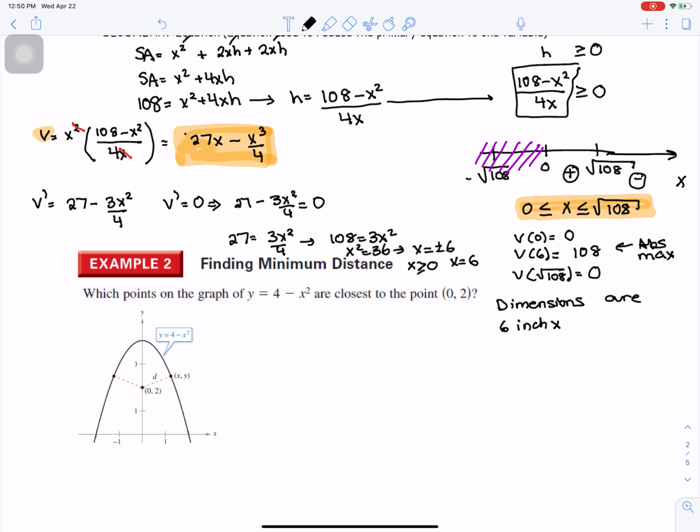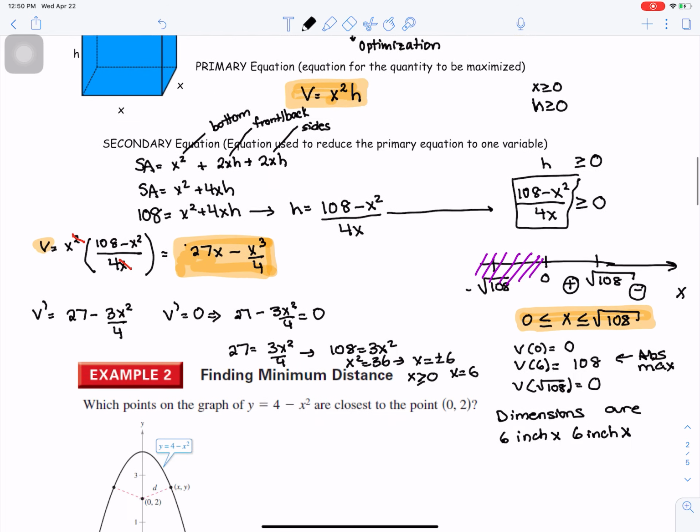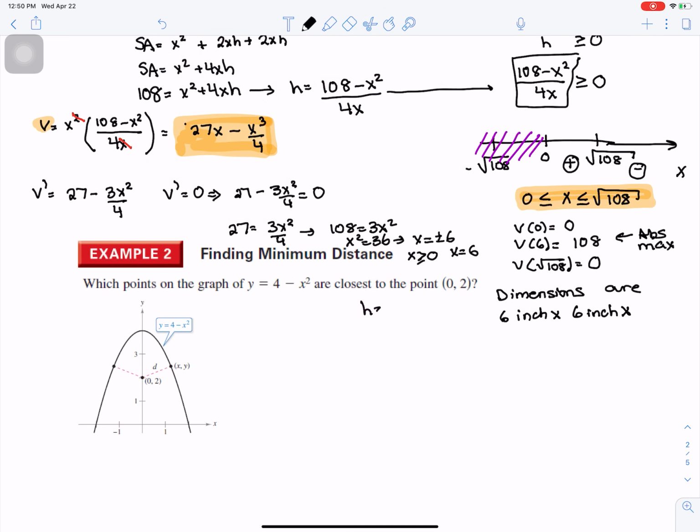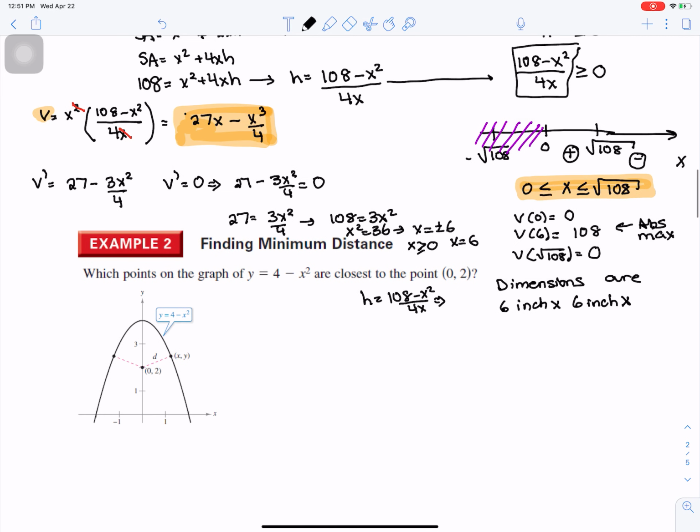And then my other x would also be 6 inches, and then my h would be, let's just write it here, h is equal to 108 minus x squared over 4x. When I sub x is equal to 6 in, I get that h is equal to 3. So my dimensions of the box are 6 inches by 6 inches by 3 inches. And we know that this is the absolute max because we're using the extreme value theorem to prove that.